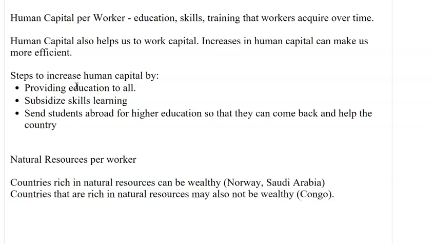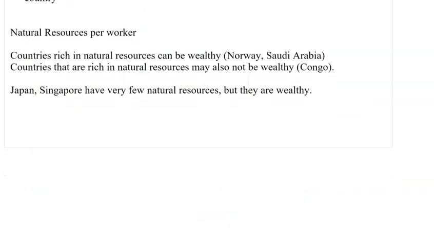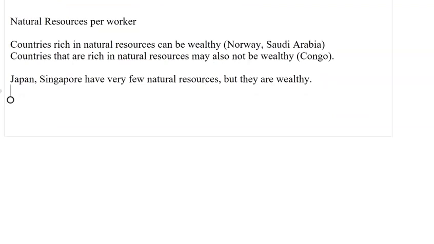There are also other countries like Japan and Singapore that have very few natural resources, but they are wealthy. So natural resources help in some respects, but they're not absolutely necessary for productivity growth. But it is a good thing to have. If a country can use it effectively, then it can add to economic growth and rising productivity.